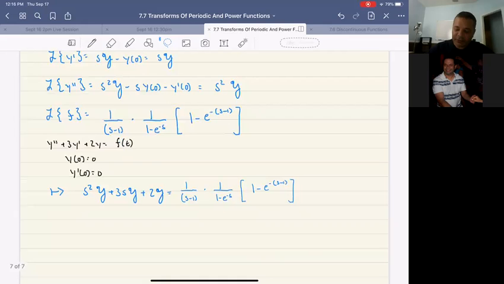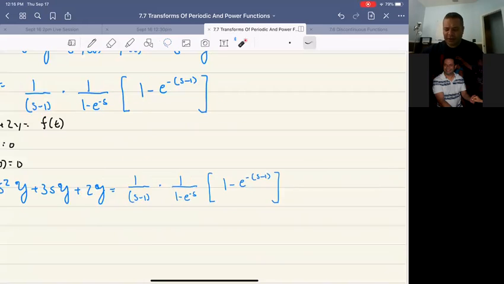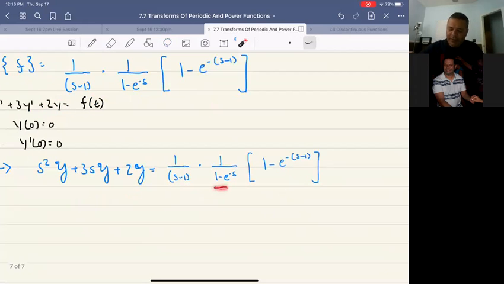Now, one of the things that you should think about: this 1 minus e to the negative s is really just going to tell you that your solution is going to be periodic with period 1.